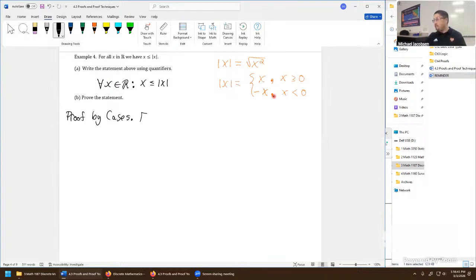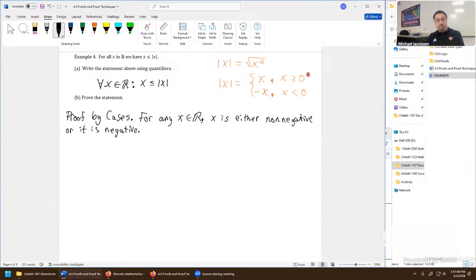We can say for any x in R, x is either non-negative. That's the first row. x greater than or equal to 0 is just a different way of saying non-negative. Or it is negative.